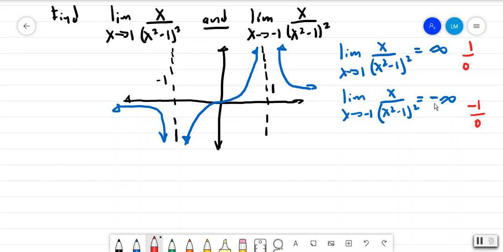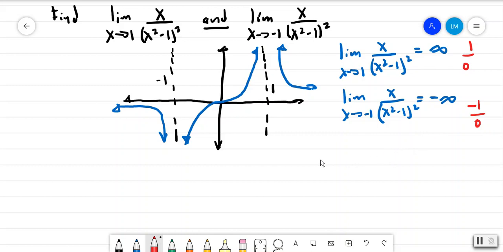We have positive infinity from the right, and negative infinity from the left. So you can sometimes use these types of problems to see automatically that it's infinity and negative infinity, but it just doesn't work out as many times as you'd like. So just be careful with that.